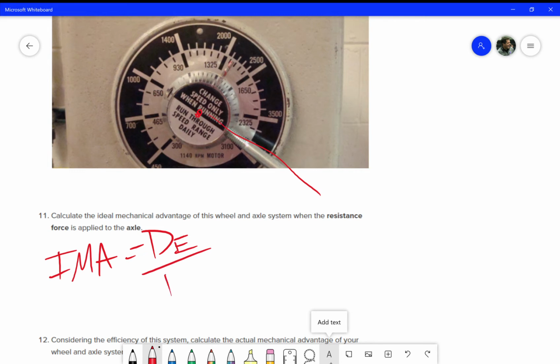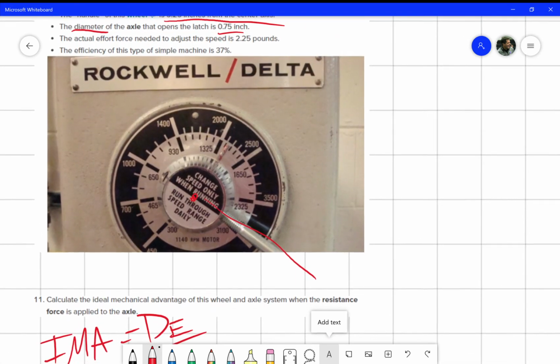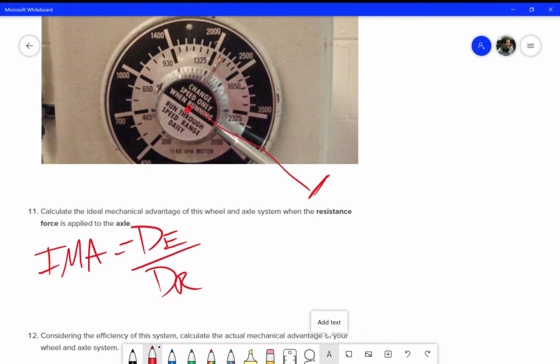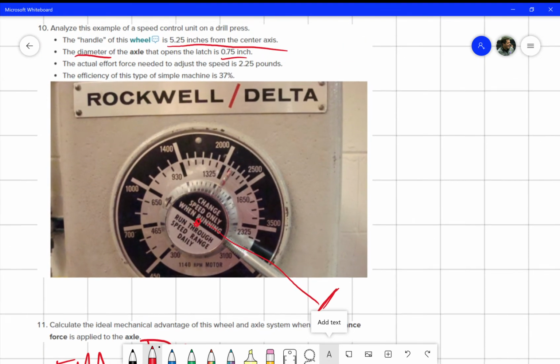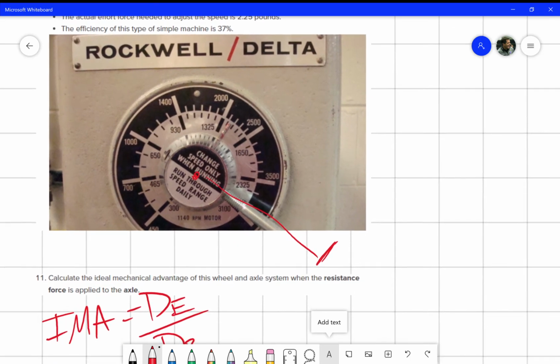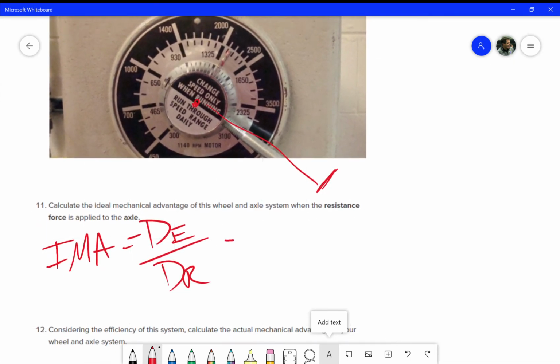When it comes to wheel and axle, the D's are going to be diameters. So we have diameter of our effort, which is going to be what we're putting on the handle there on the end, and that is going to be 5.25 inches as a radius, but we need to make that 10.5 because it's the diameter. All right.